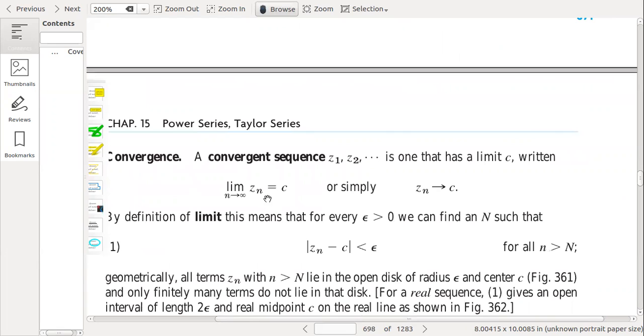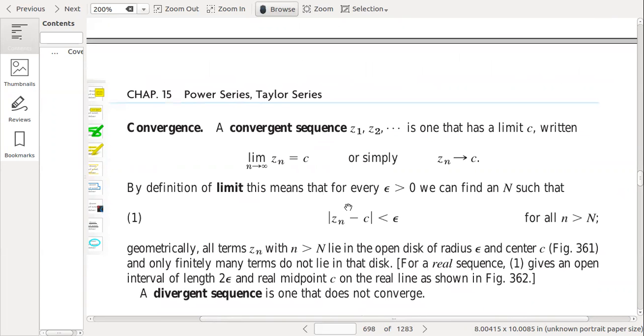So what is a convergent sequence? A sequence Z1, Z2, and so on is one that has a limit C, written limit as n approaches infinity, Zn equals C, or simply we can say that Zn approaches C.